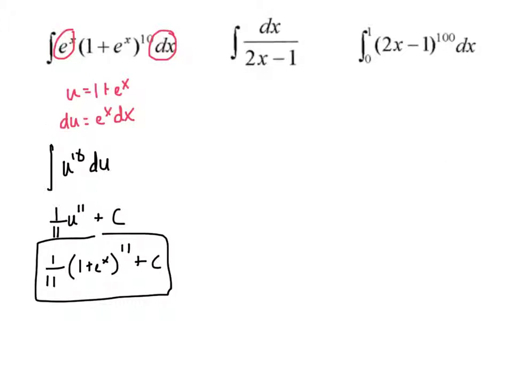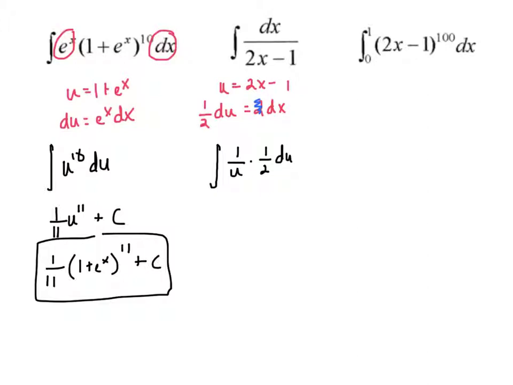Okay, next. In this one, I'm going to make u equal to 2x minus 1. So then du is 2 dx. Well, I just have a dx, so I'm going to divide both sides by 2. Okay, so I'm going to have 1 over u multiplied by 1/2 du.